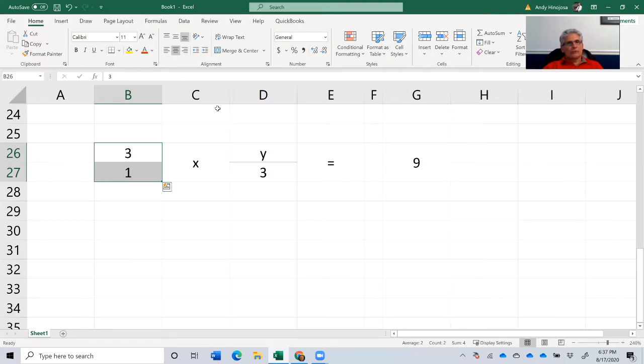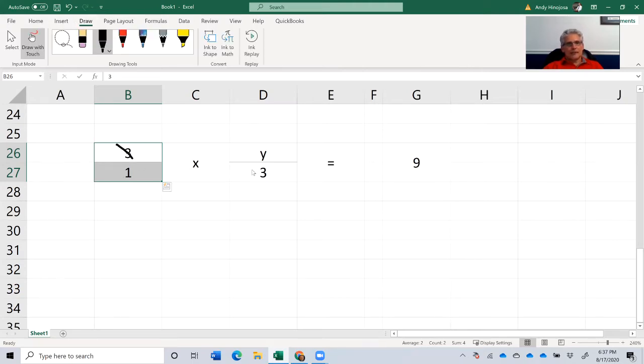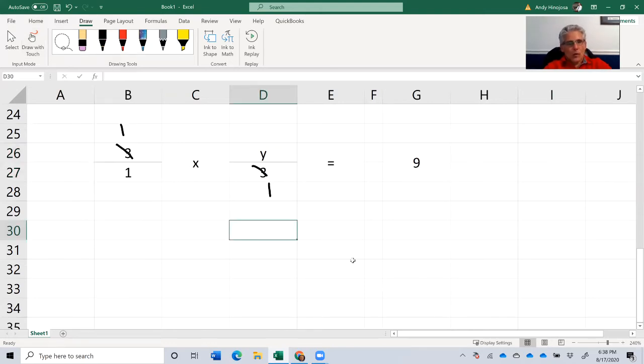In doing so, what's going to happen? These 3s cancel out. We have 1 and we have 1 here. So 1 times y is y. 1 times 1 is 1. So you end up with y over 1. Well, y over 1 is y.